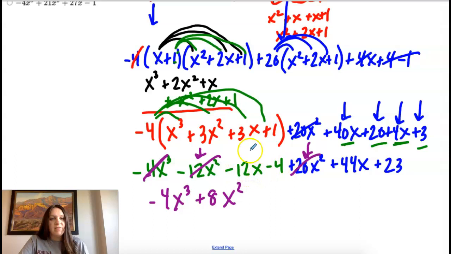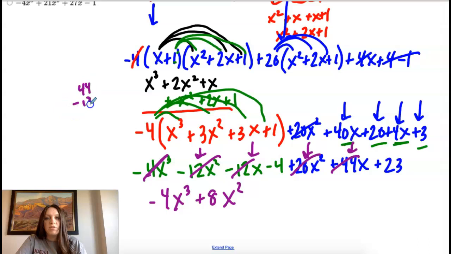And then I have my x's, so negative 12 plus 44, that gives me 32x.